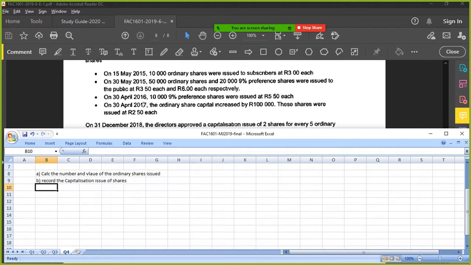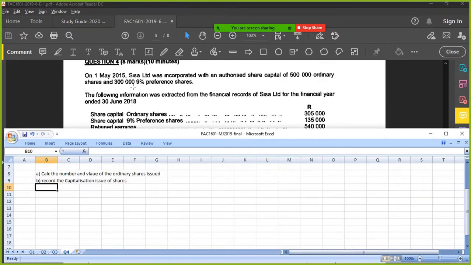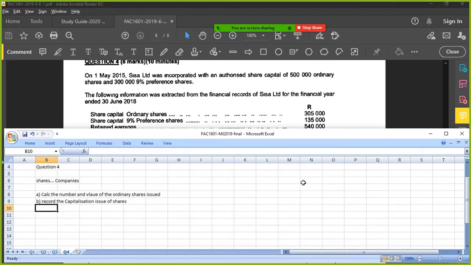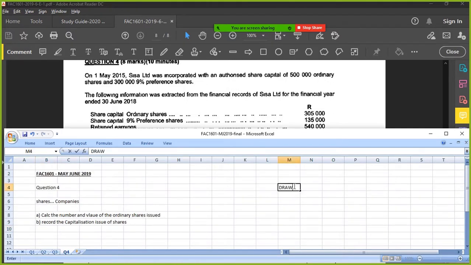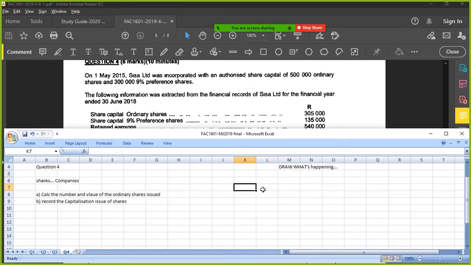All right, so when you have a question like this, best approach is to draw what's happening. So sketch it. So I've obviously got 1 May 2015. What happened in May 2015? Incorporated.